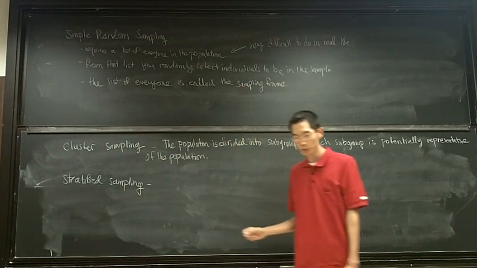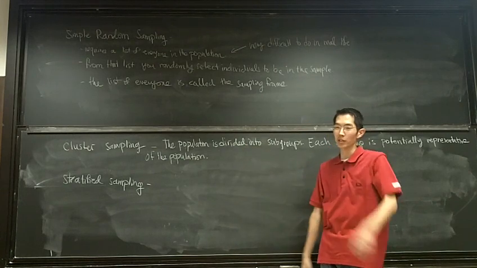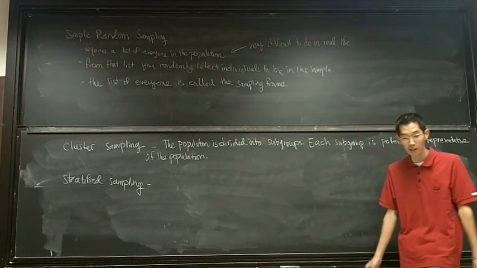And the way cluster sampling works is we have a list of all the subgroups. They're called clusters. We have a list of all the clusters.